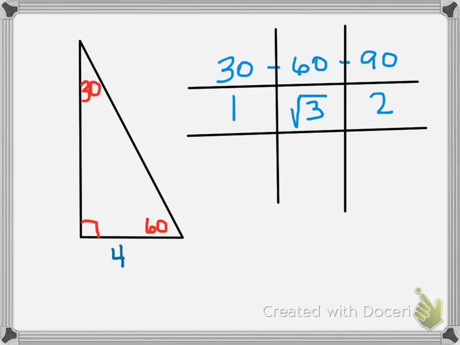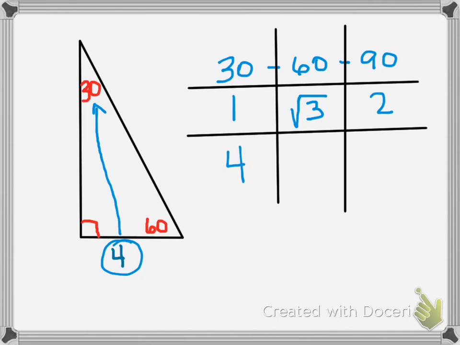Now, how do you determine where 4 is going to fit within our column chart? You're going to look at the angle opposite the side length. That angle opposite the side length is 30. So 4 is going to fit under our 30-degree angle in our chart.